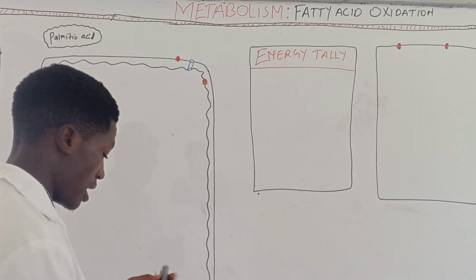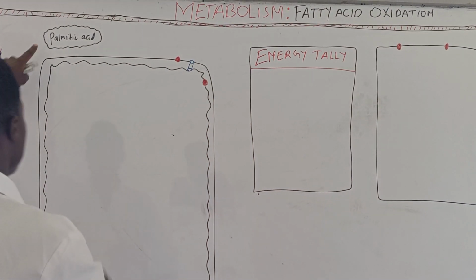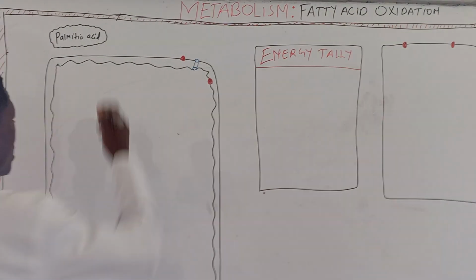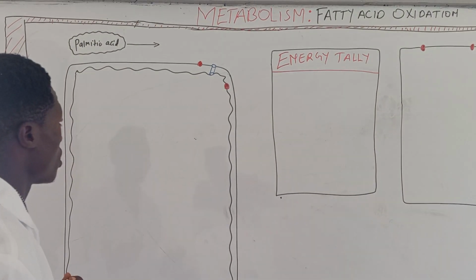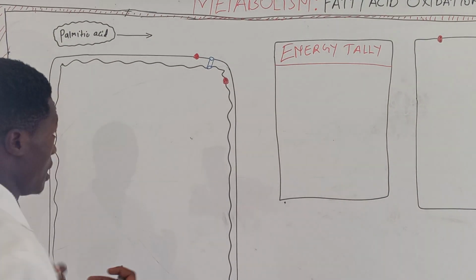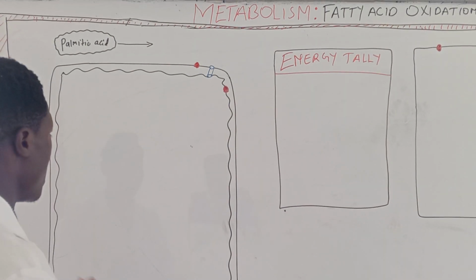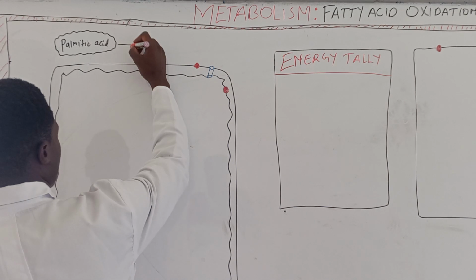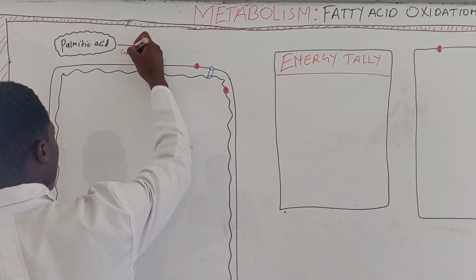But now, before we get into that, let me do a quick recap so that you can see what is really going on. So we had palmitic acid. Palmitic acid was acted upon by an enzyme called fatty acyl CoA synthetase. What fatty acyl CoA synthetase did was the addition of CoA bound to a thioester group.